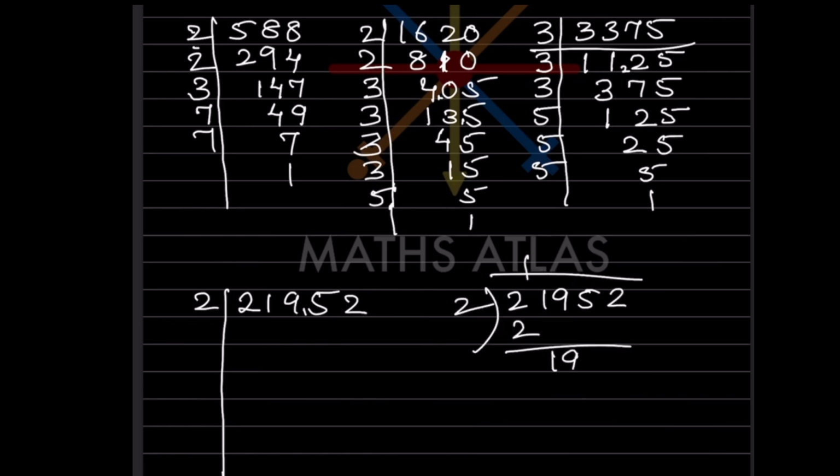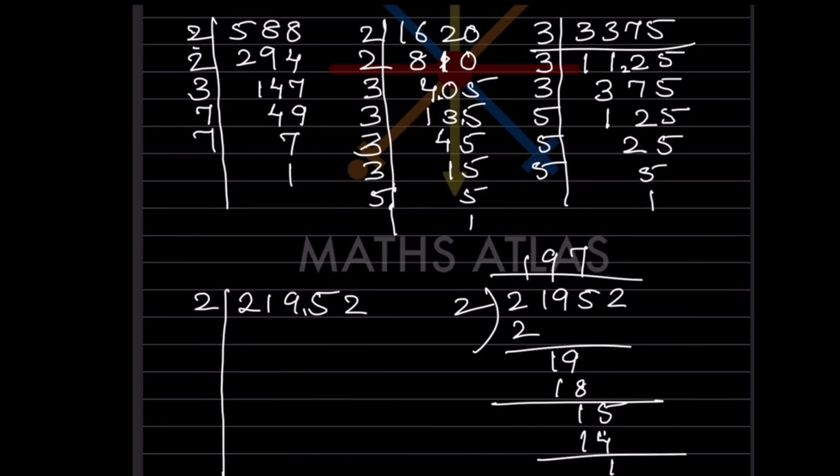So this is 19, 2 nines are 18. This will be 2 sevens are 14 and this will be 12. 2 sixes are 12. So it should be 19.